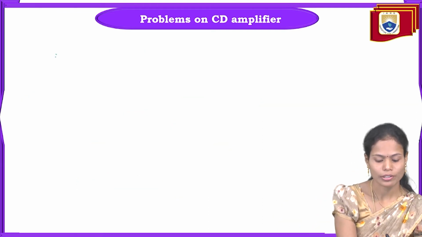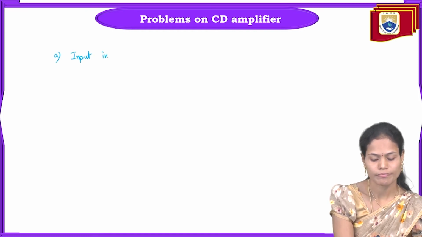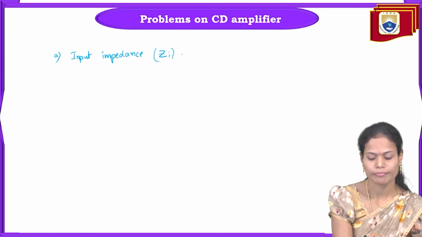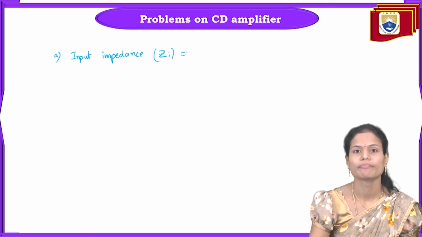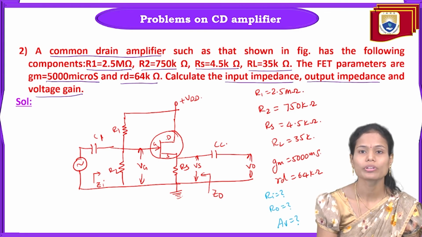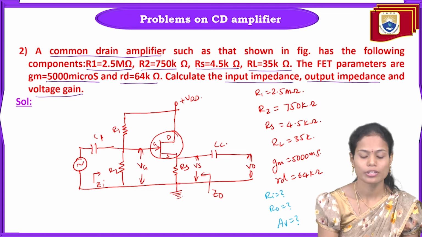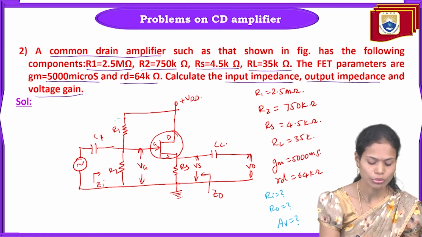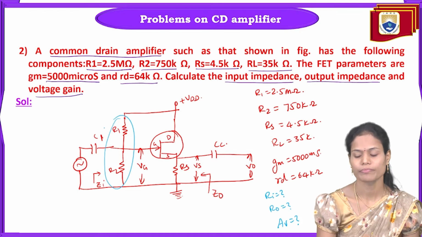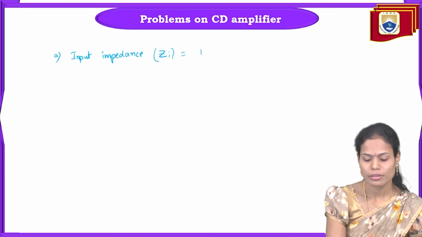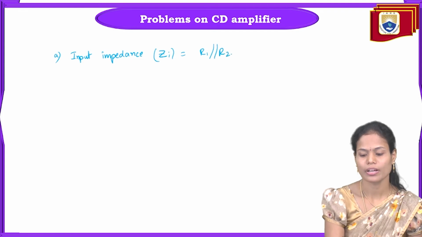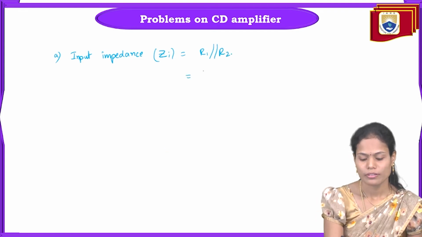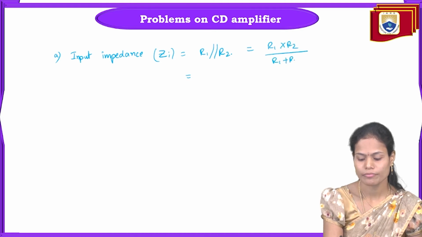Further, to calculate the first parameter, that is input impedance ZI: in this circuit, across the input side at the gate terminal, we have two resistances, R1 as well as R2. So the input impedance is the parallel combination of R1 and R2. We can write it as R1 into R2 by R1 plus R2.